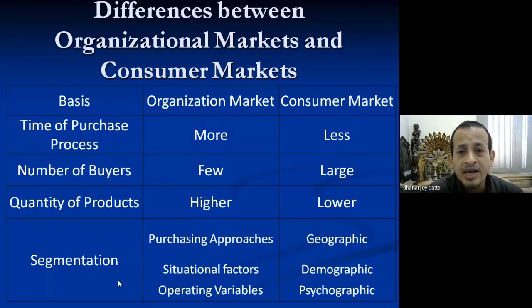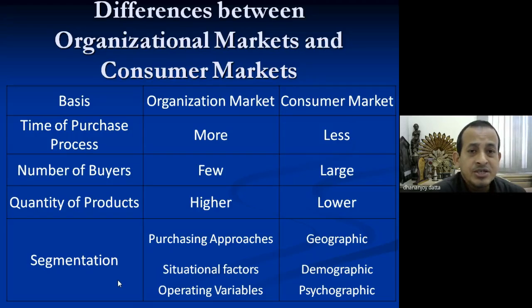Now there are two markets, organizational market and consumer market. The consumer market consists of consumers and customers, and the organizational market consists of different companies or firms in the purchase process.